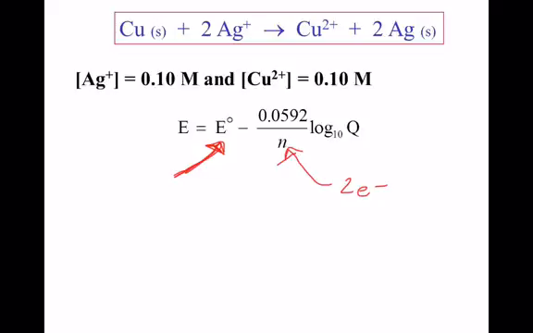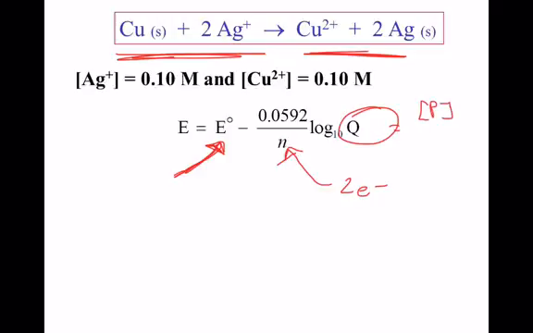What we need to spend some time remembering is what we are going to do with that reaction quotient Q. I know it's not an equilibrium, but remember how we said you take the molar concentration of the products raised to their stoichiometric coefficients, divided by the molar concentration of the reactants raised to their stoichiometric coefficients.